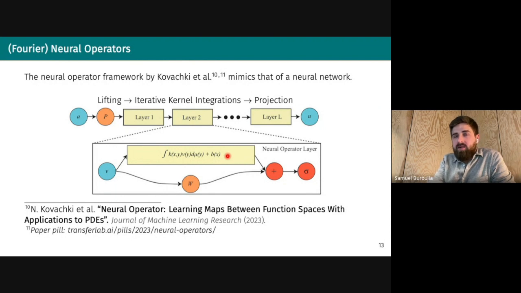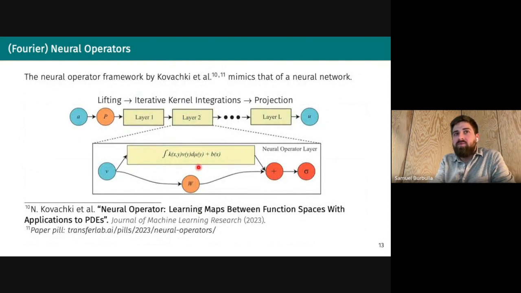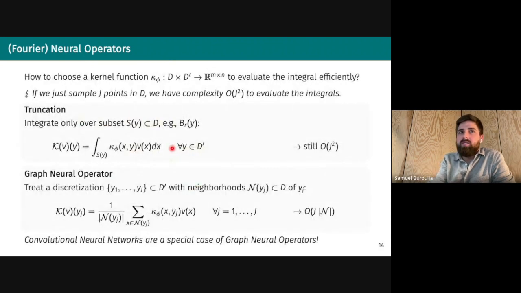The question is now how to represent this integral kernel operation and how to do it efficiently. So the parameters of such a neural operator are, of course, the weights here and the bias here, but we can also parameterize the kernel, as it is done in CNNs, for instance. So the question is, how do we choose such a kernel function, which depends on some parameters, to evaluate this integral efficiently?